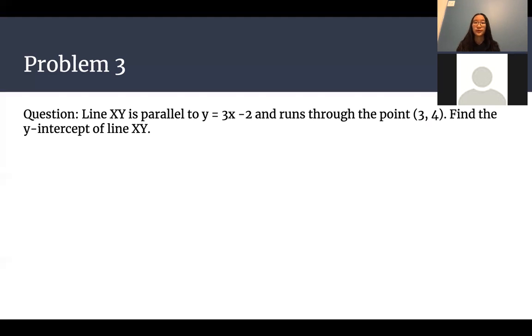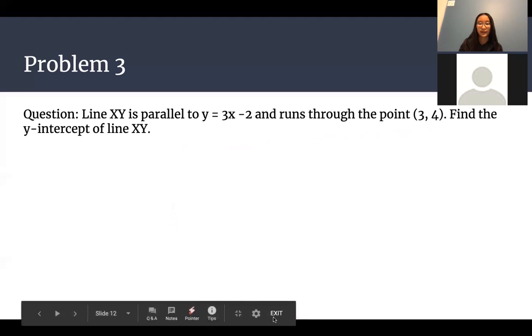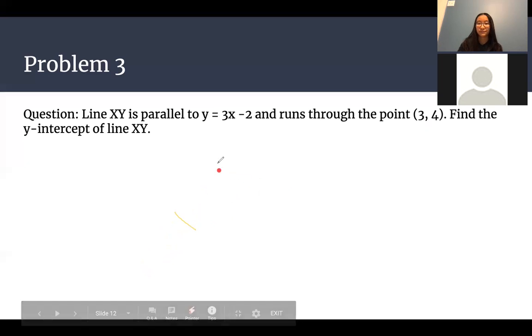So you want to plug in the y-coordinate, which is 4, for y in the equation of line XY. And then you plug in 3 for the x in line XY. So then if I can annotate, I will annotate to help you understand this. Okay, that works.